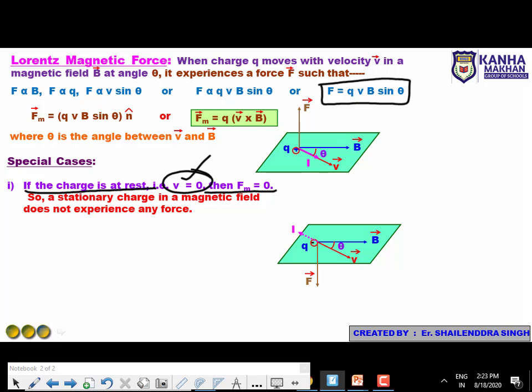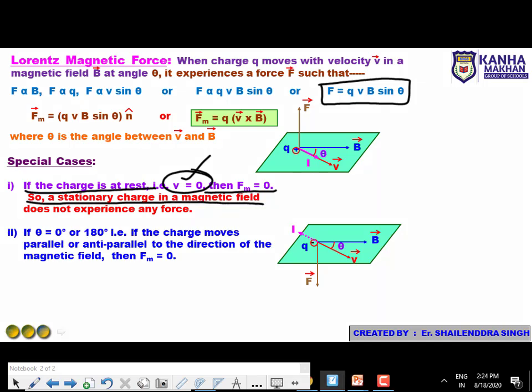Meaning, in the previous study, if a positive or negative charge was placed in an electric field, it must experience an electrostatic force. But here in a magnetic field, if the charge is not moving, then it will not experience any force. So, a stationary charge in a magnetic field does not experience any force. It is special case number one.